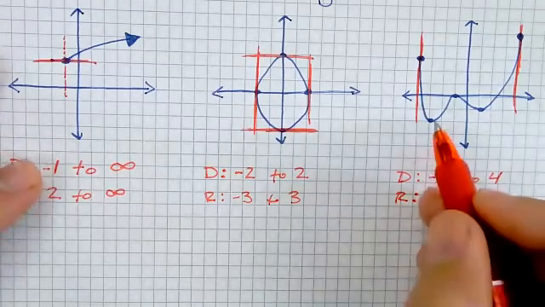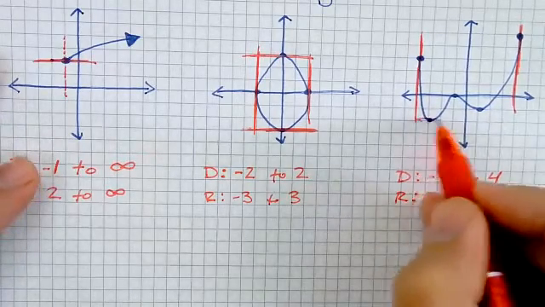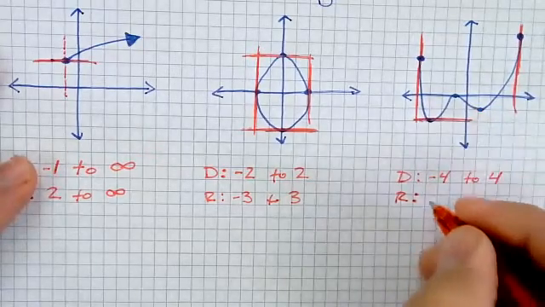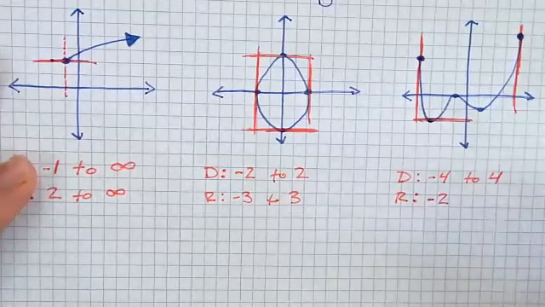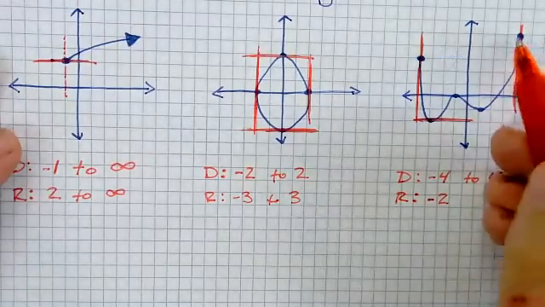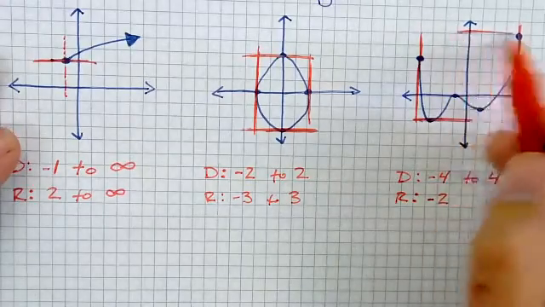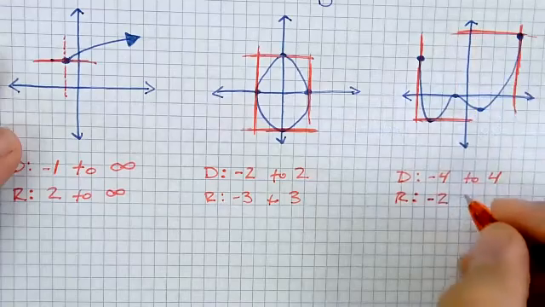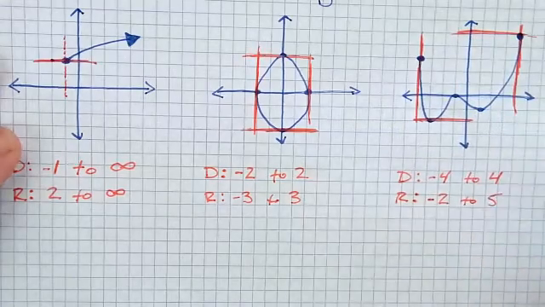Okay, and then your range, your lowest point is this one right here, which has a y value of -2. Highest value is up top here, 1, 2, 3, 4, 5. So -2 to 5.